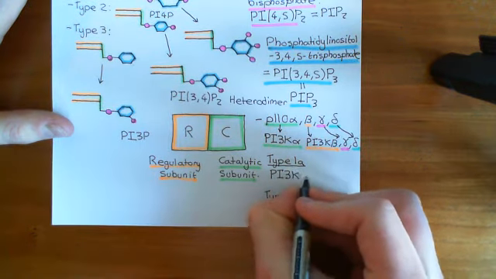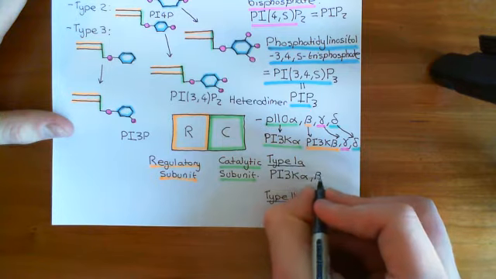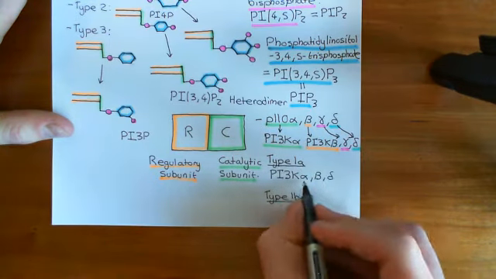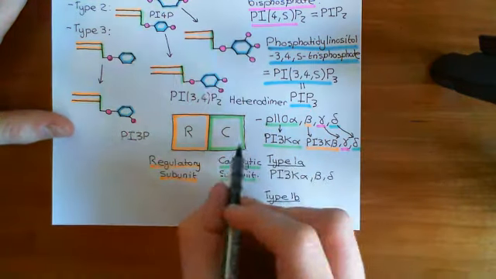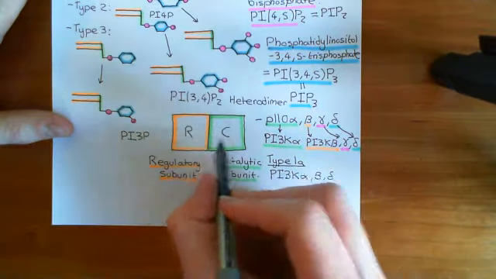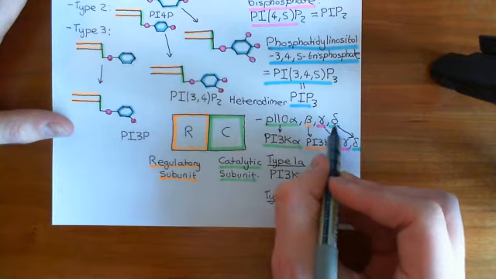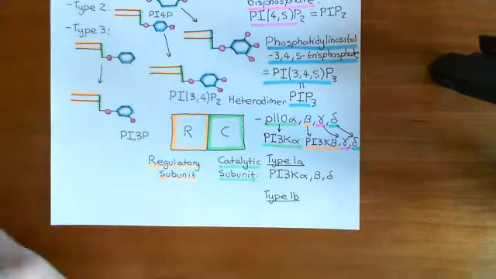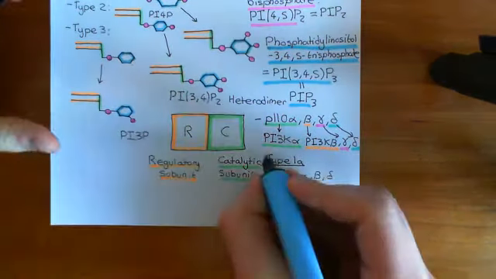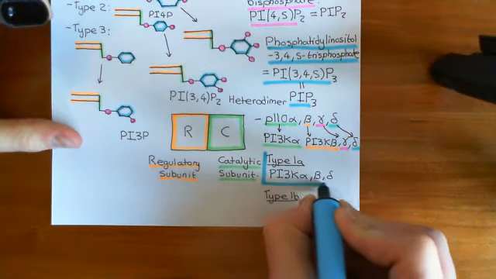So PI3 kinase enzymes of type 1 which have as their catalytic subunit either P110 alpha, P110 beta, or P110 delta are all considered type 1A PI3 kinase enzymes.